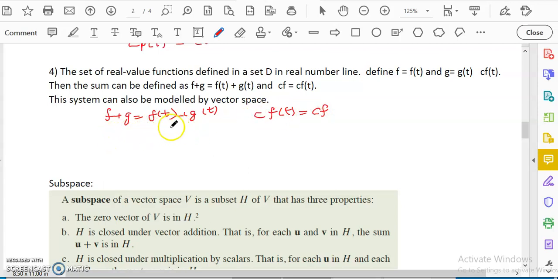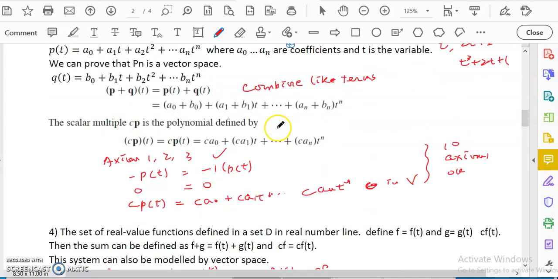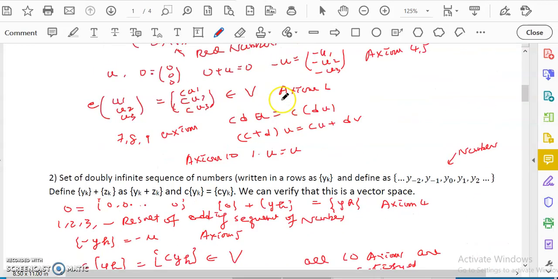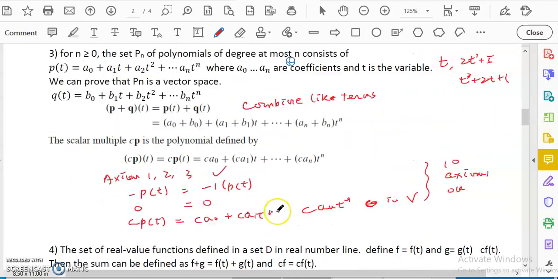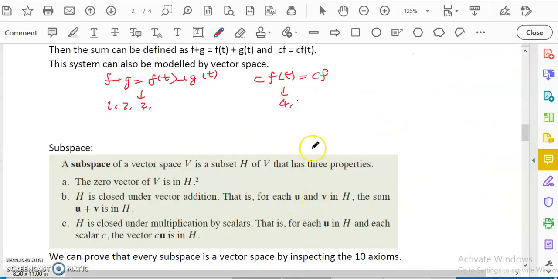These two particular operations make sure that 1, 2, 3 are satisfied. This makes sure that 4 is satisfied, right? But no, this is 5, I think. Is it 5? 5 is satisfied because, no, 6 is satisfied, because of the definition of the scalar multiplication. So it's axiom 6.